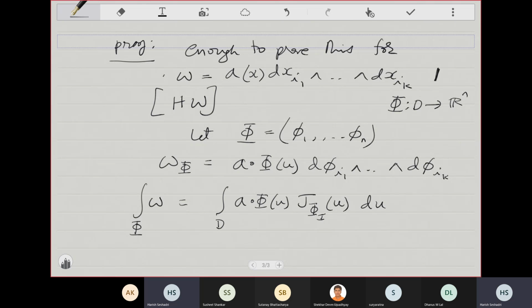Actually, here I should have mentioned one thing. When I just write du, this notation comes from our definition of the Riemann integral in several variables. This is not the differential form stuff. When you have a function from an open set to R, then we had talked about what df is. This du is not like that.